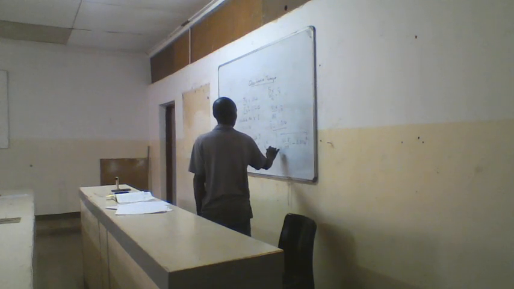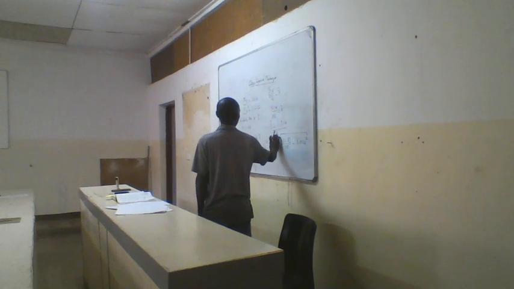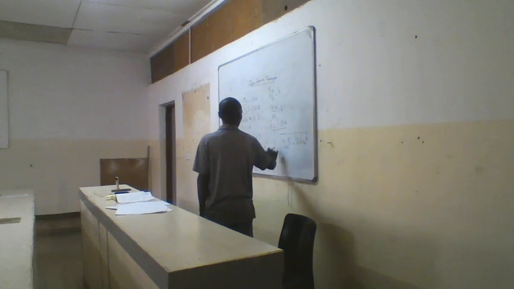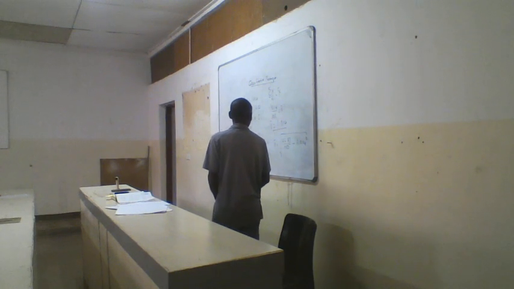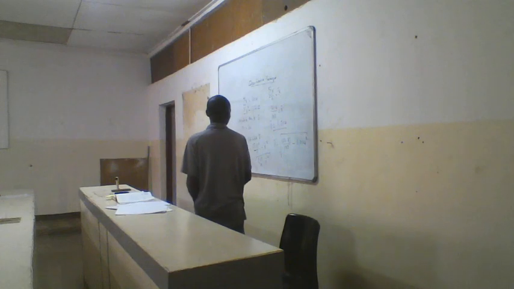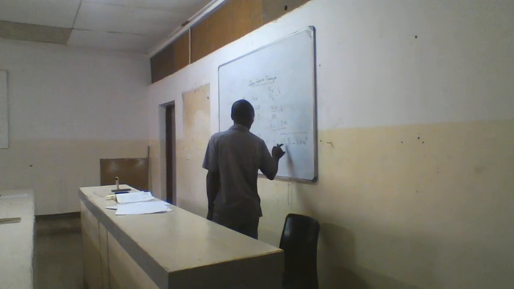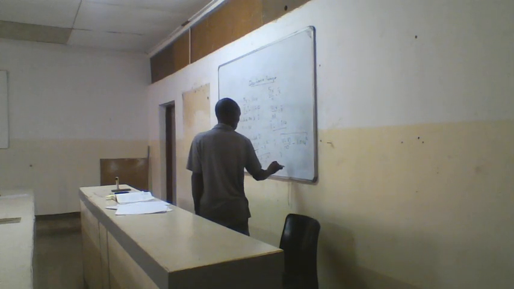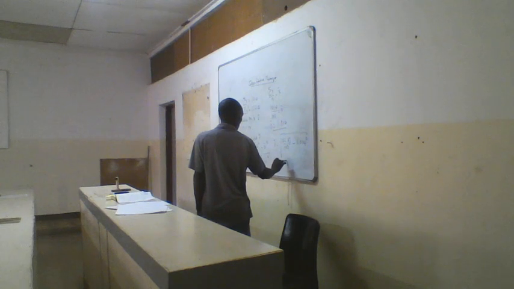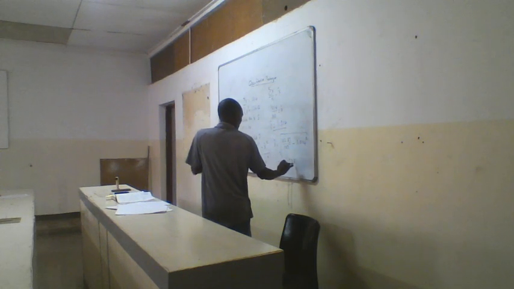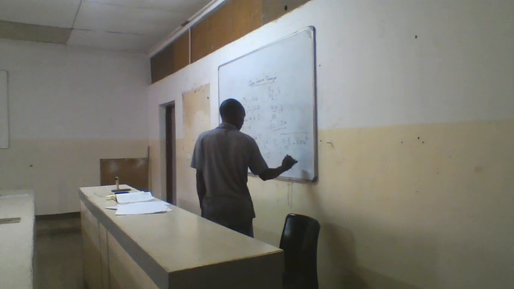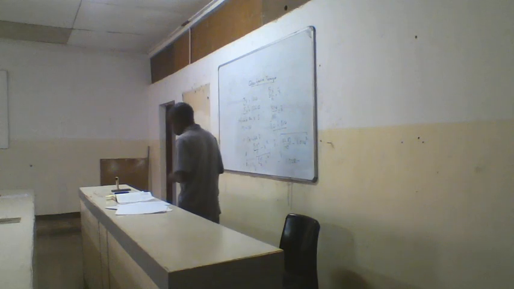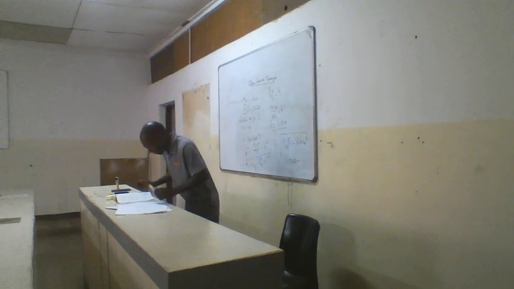So this divided by that gives you 1.0283 minus 1.014 squared.